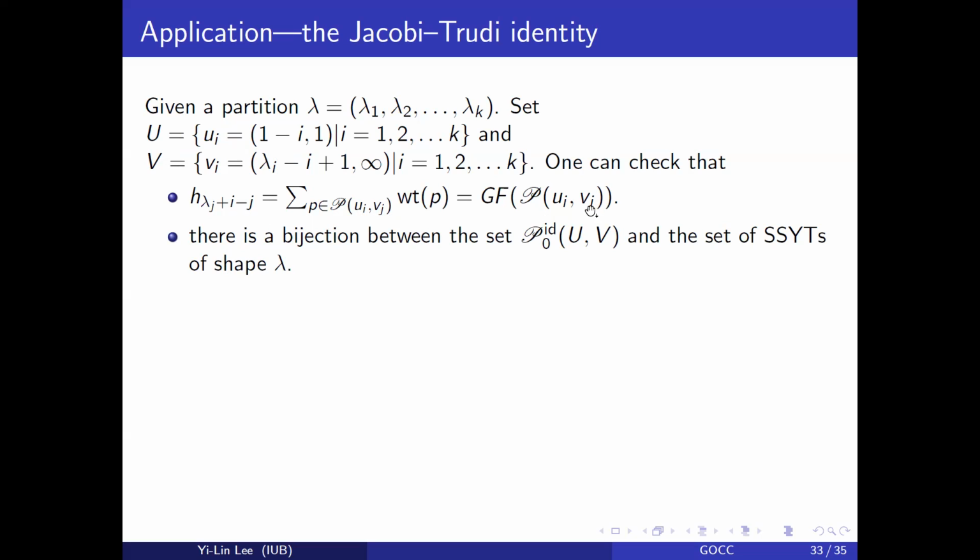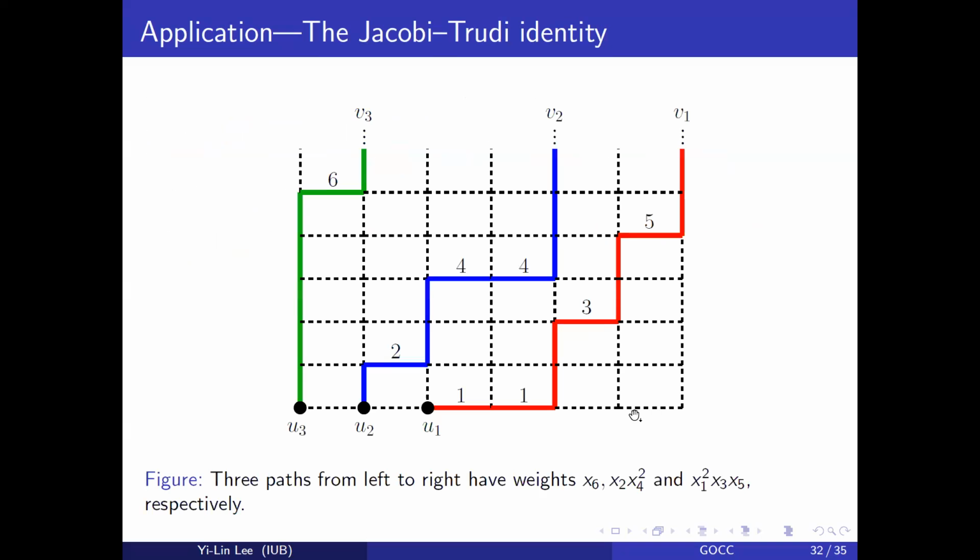I'm not going to explain the details here, but you can check it. And if those paths are non-intersecting, then there's a bijection between those non-intersecting paths and the set of semi-standard Young tableaux of shape lambda. So let's go back to see this picture.